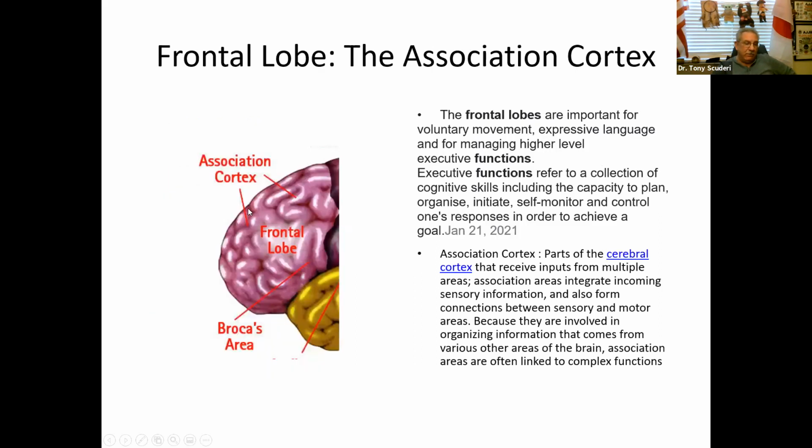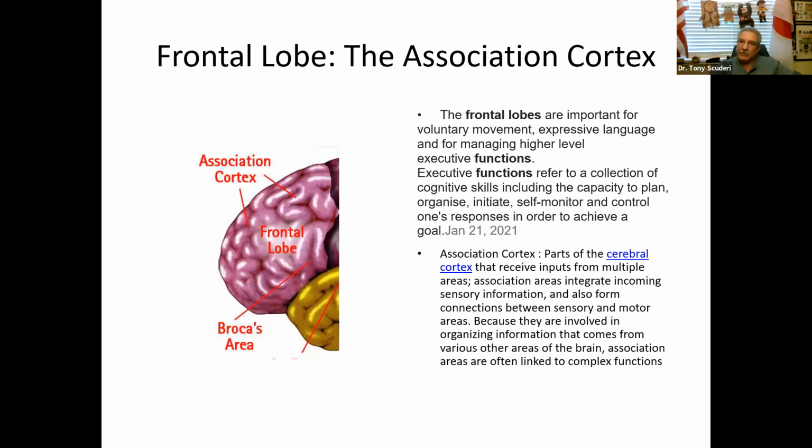Now, in the prefrontal area, this is called the association cortex. So the association cortex is part of what we call the cerebral cortex or the cerebrum, the head part. It receives a lot of impulses from different areas around us, association areas.